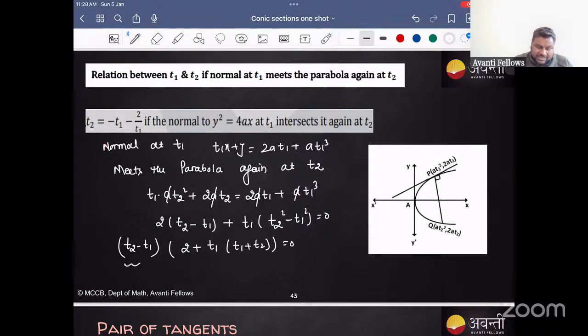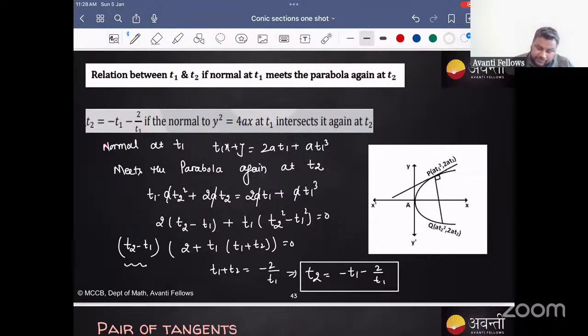Now see, t1 is definitely not equal to t2, so this is 0. That means t1 plus t2 is minus 2 upon t1. So t2 is minus t1 minus 2 upon t1.